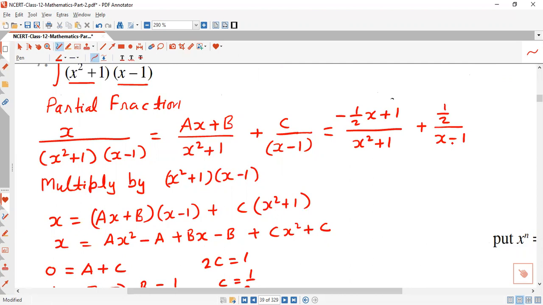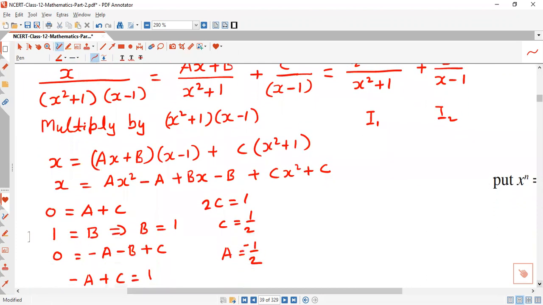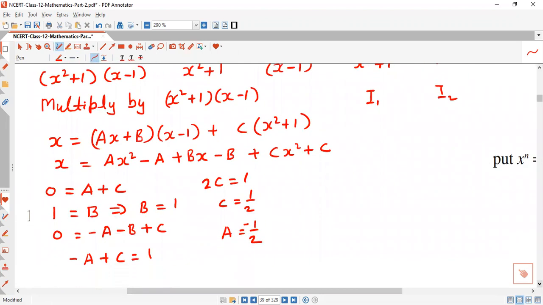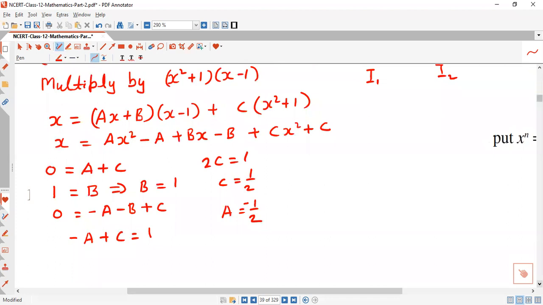Now we are doing the integration. This will be divided into two parts, I1 and I2. I1 is divided basically into two parts, x separately and 1 separately. This second part is simple, so I am not going to divide it further.